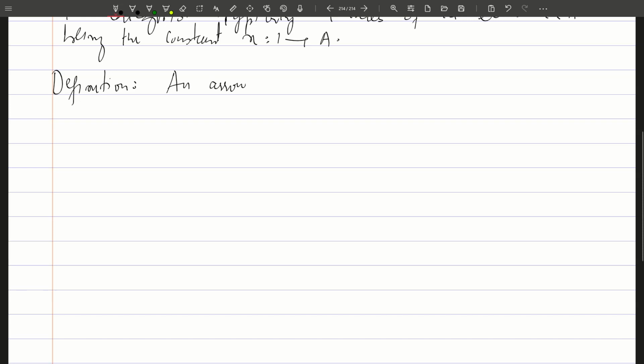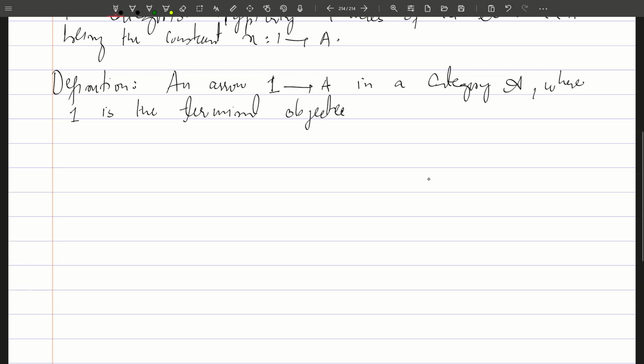An arrow from the object 1 to A in a category, where 1 is a terminal object, is called a constant of type A. The more common name in the literature for such a constant is global element, a name that comes from sheaf theory.